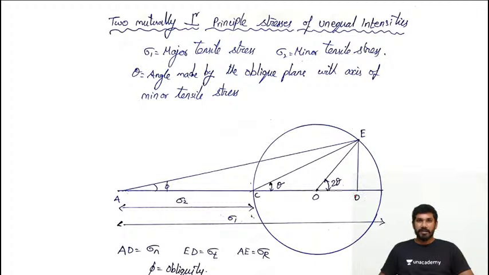Good, right. So first one, two mutually perpendicular principal stresses of unequal intensities. That is the first thing.